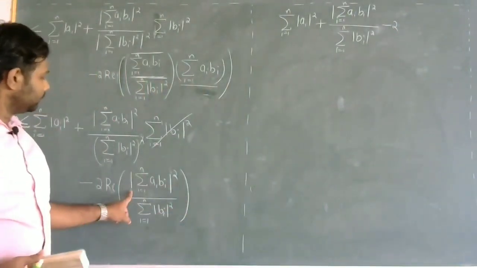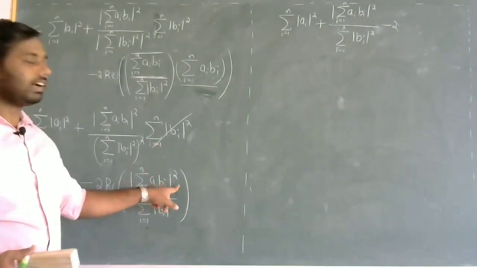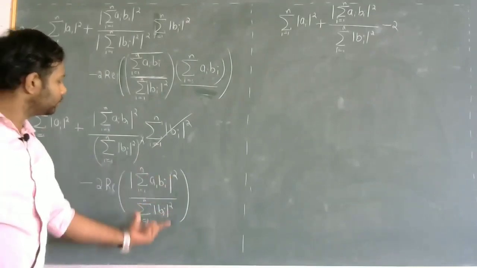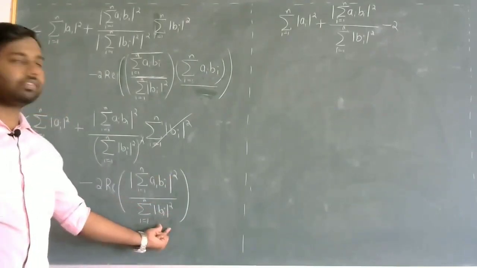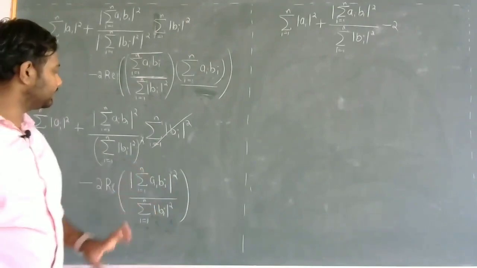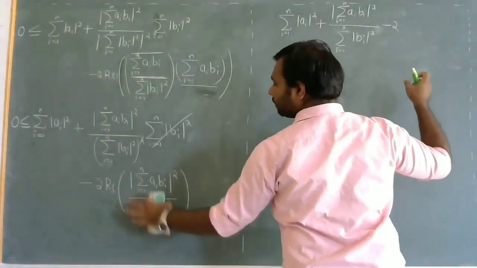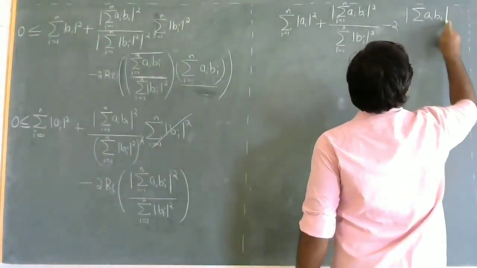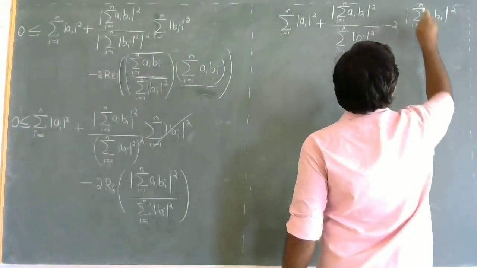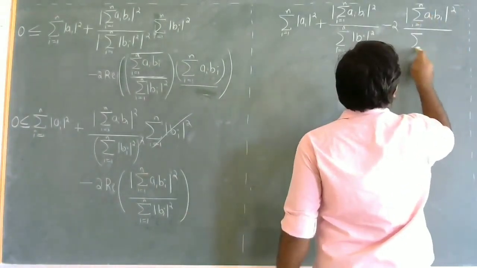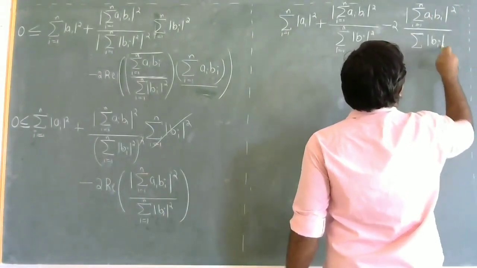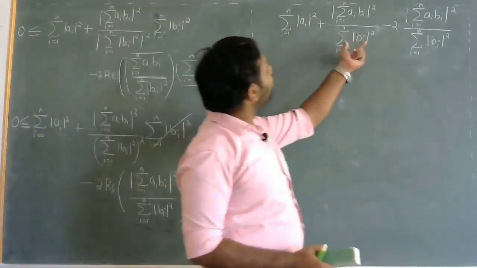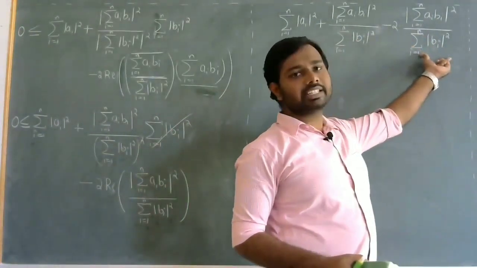And what is this number? The numerator is also a modulus value, so it is a real number. The denominator, a sum of real values, is real. So this whole thing is a real number. The real part of a real number is the number itself. So minus the real part of this number is the number: modulus of summation ai bi whole square, i running from 1 to n, divided by summation modulus of bi square, i running from 1 to n. Now plus 1 times this number minus 2 times the same number.